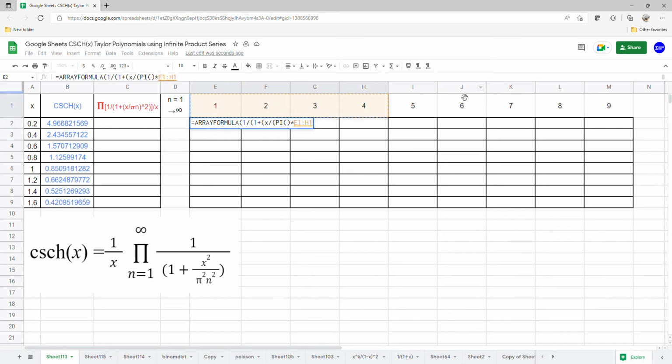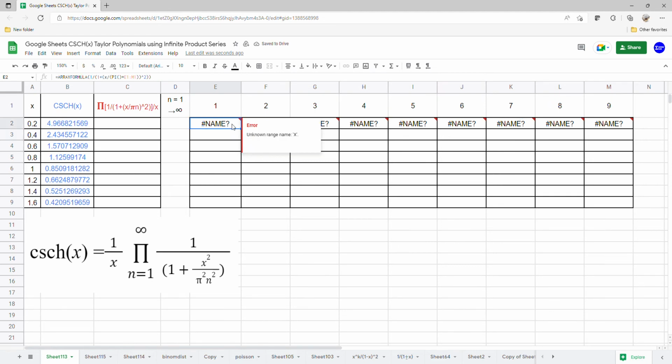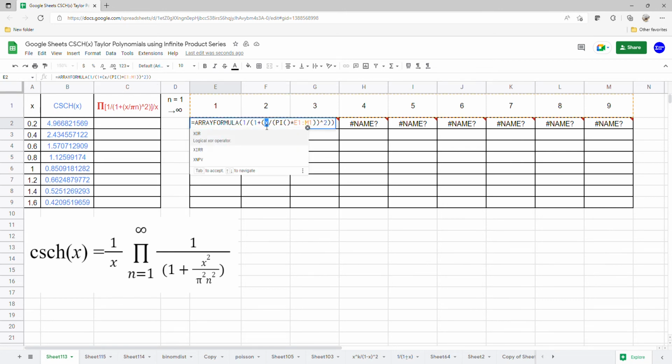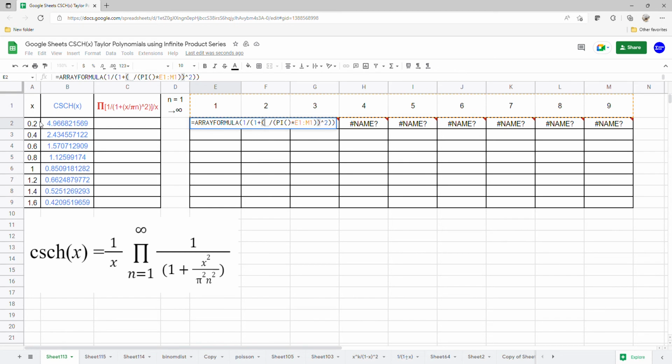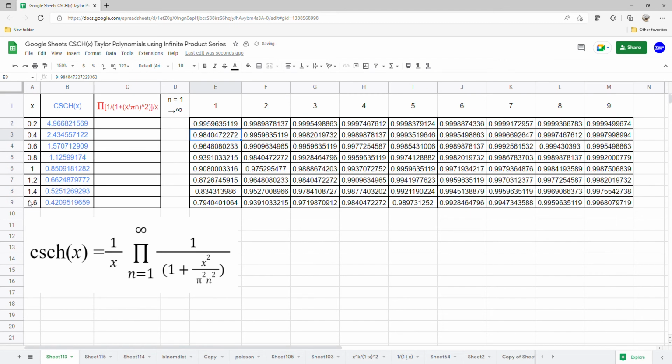This is our n values from 1 to 9. N raised to the power 2. And enter. The value of x. This value of x will be 0.2 to 1.6. Now it's correct.